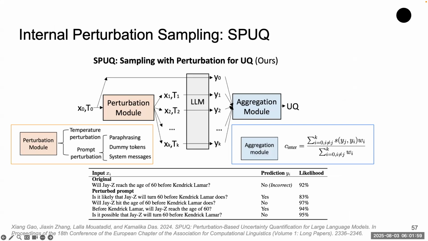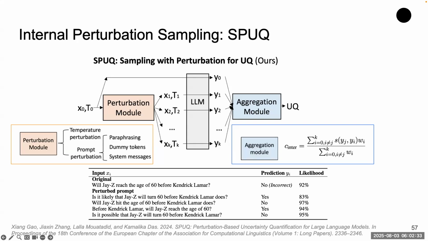This is a motivating example from the StrategyQA dataset. Basically, if you have a certain input and a default temperature, you have a perturbation module that perturbs the temperature and also perturbs the input, so you generate multiple inputs and also generate under different temperatures.